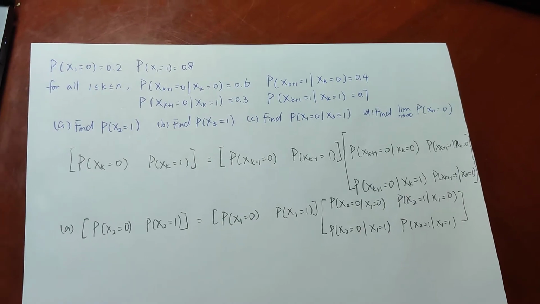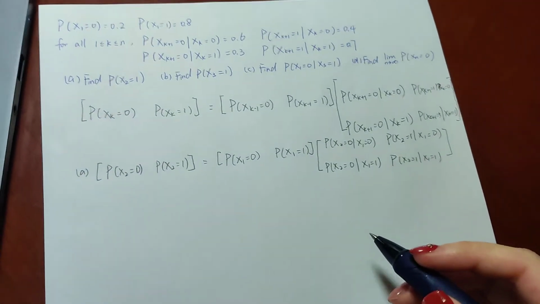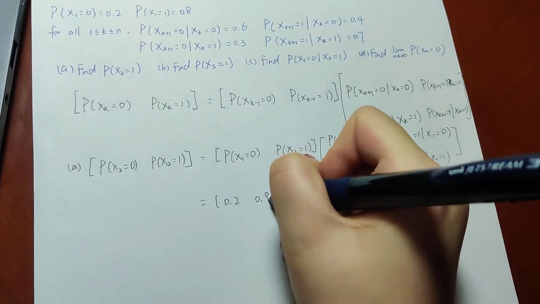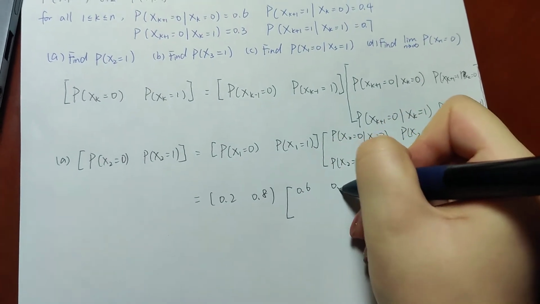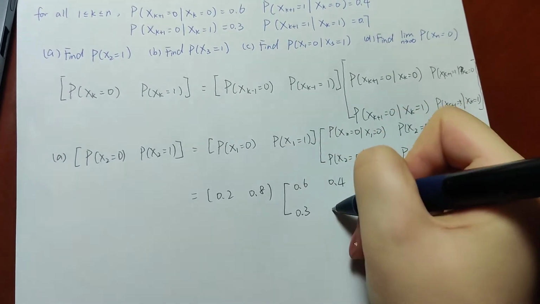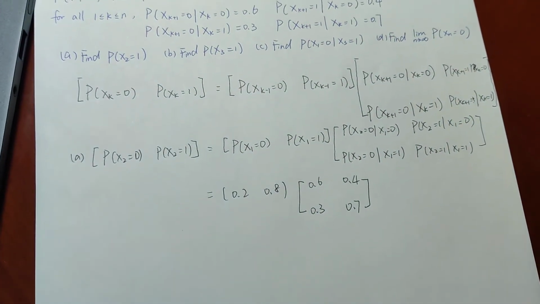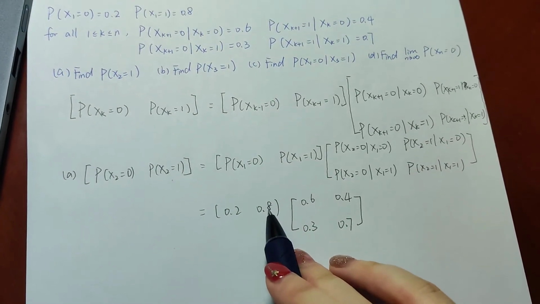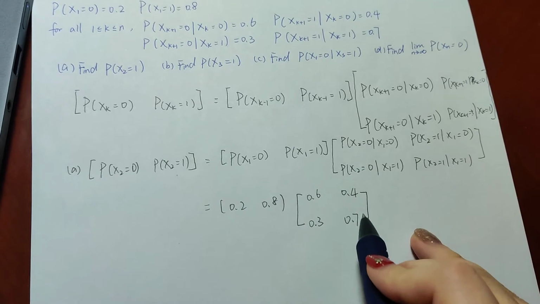And from the probability that the question gives us, we can know that the probability of x2 equals 1 equals to the value here.